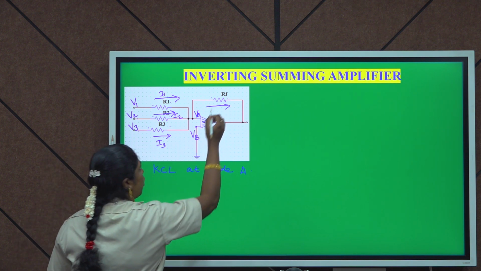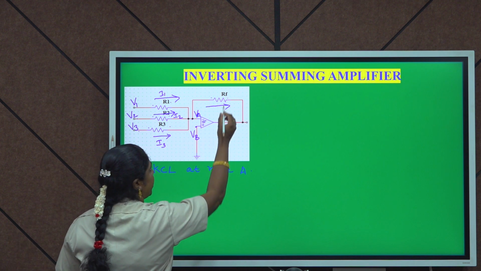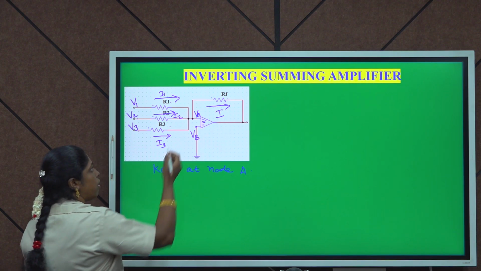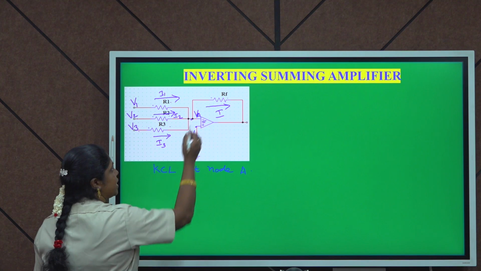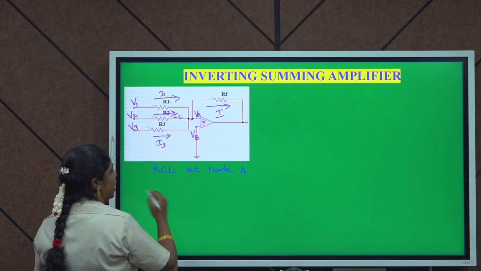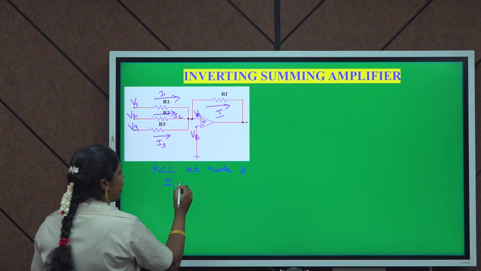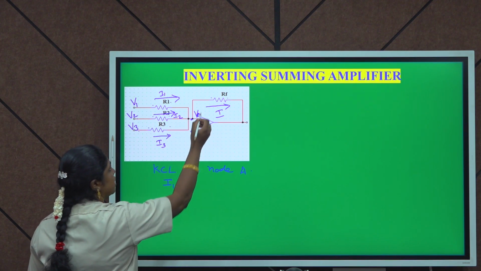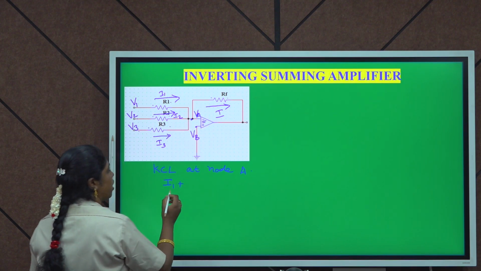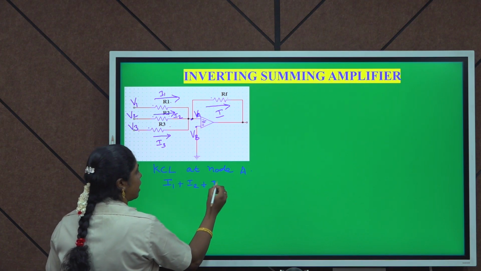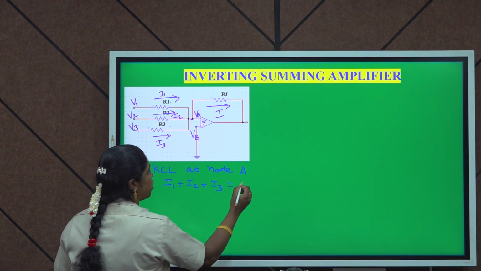The current flowing through the feedback resistor RF is considered as I. When we apply KCL to node A, the current entering the node is equal to the current leaving the node. So I1 plus I2 plus I3 is equal to I.